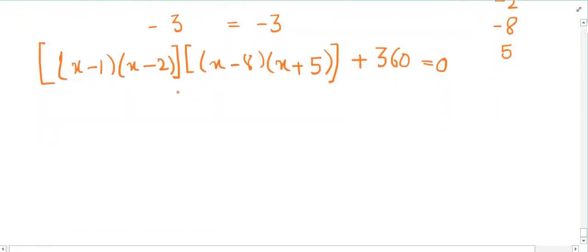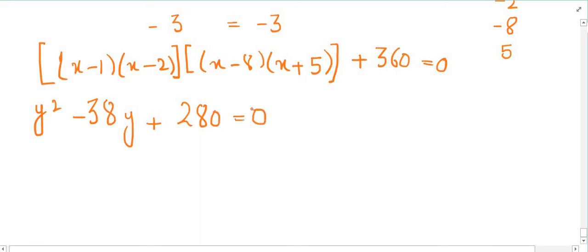After multiplying the terms, you will get y² - 38y + 280 = 0. This is the quadratic equation which you will get after some multiplication of the above equation.